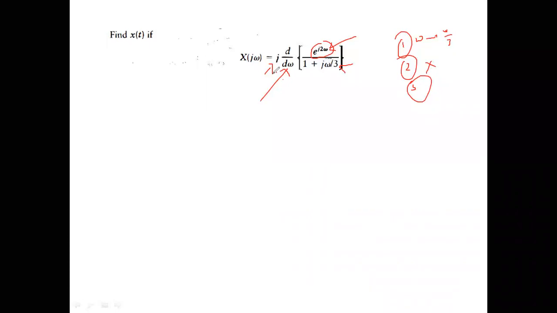So these three properties, along with the ready template 1 divided by 1 plus j omega, are expected. This tricky question expects you to use three properties. Let us try this problem and see what the author has used here.